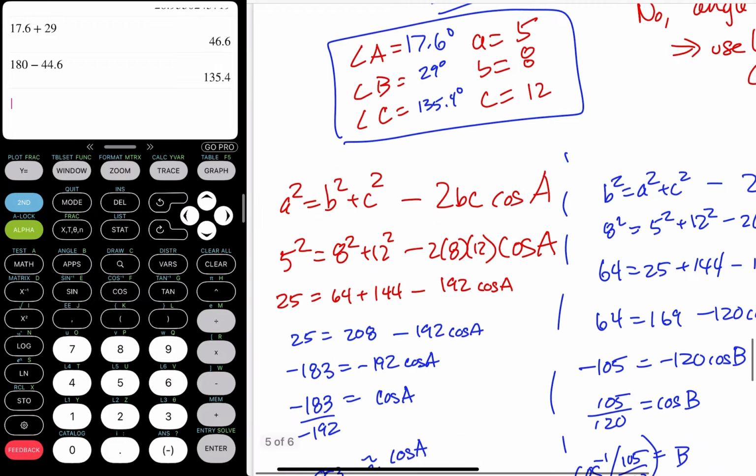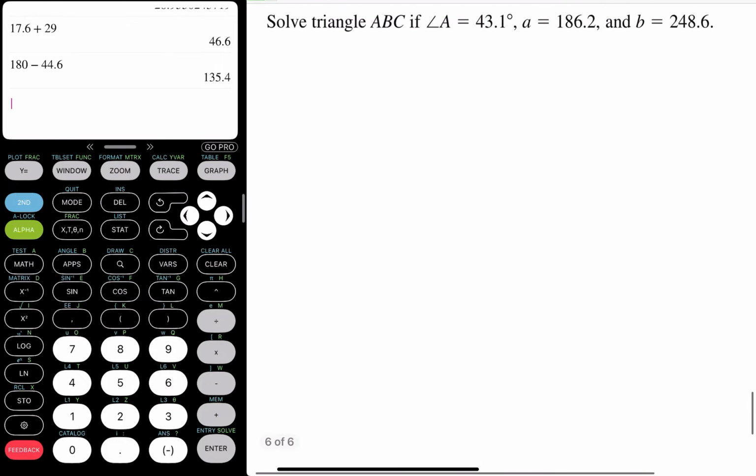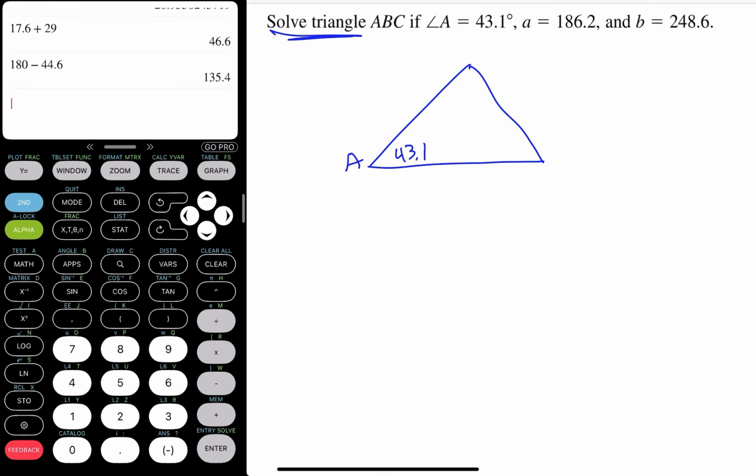Okay. All right. So now let's say that I have a triangle not drawn to scale. Angle A is 43.1. I'm asked to solve it. Little a is 186.2. Let me call this B. So little b is 248.6.